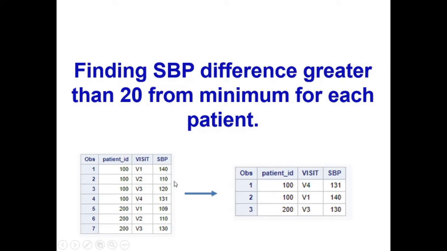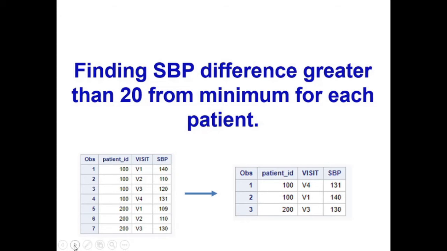The differences between this minimum and 140 and 131 are greater than 20, and we want to get these into our final data set. The same is the case for 200. We want to find the minimum and the observation whose difference from the minimum is greater than 20, and in this case it will be this particular observation.